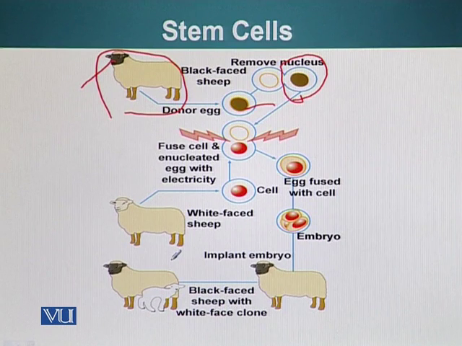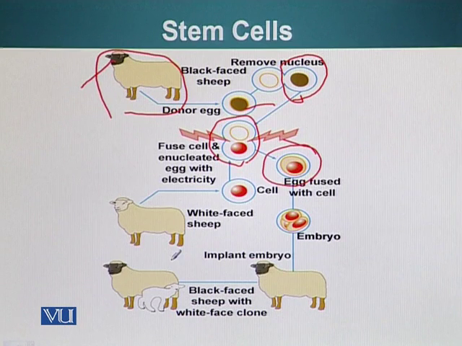Now the resulting cell will have the cytoplasm of the fertilized egg, which has the information about creating a new individual. After these two cells have been fused, this whole complex is going to act like a fertilized egg. Although the cytoplasm is from the fertilized egg, the nucleus is coming from a normal somatic cell. So this fused egg cell will be allowed to divide and form an embryo.